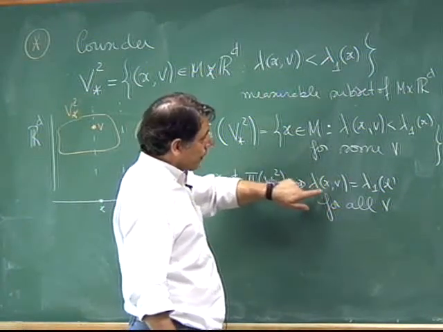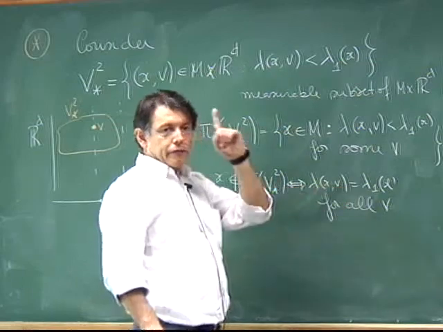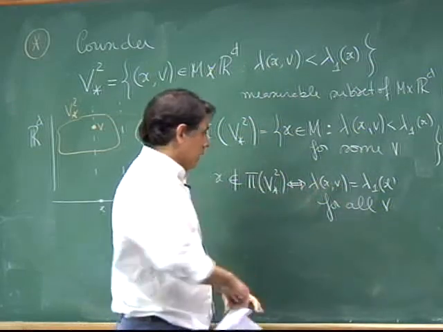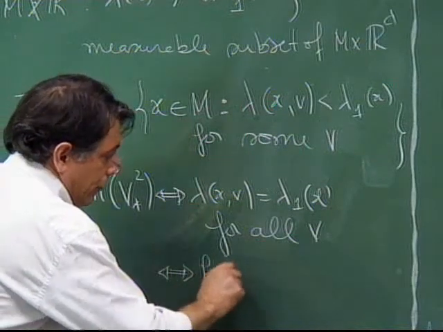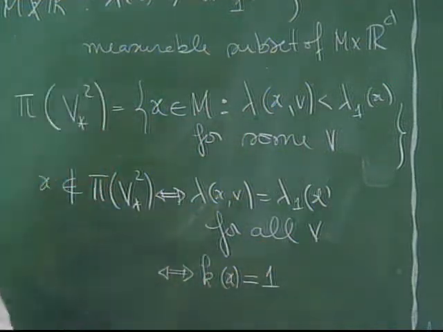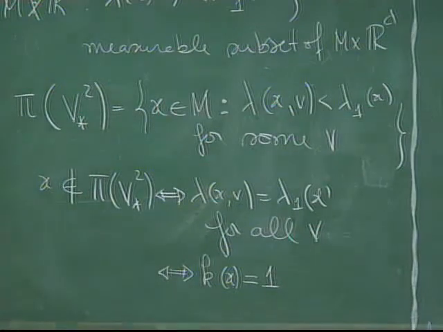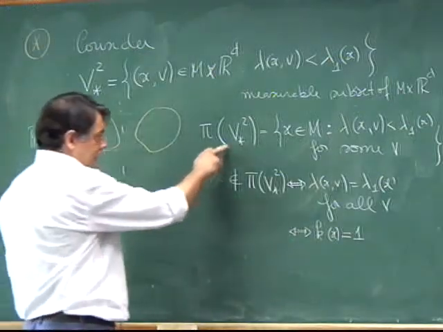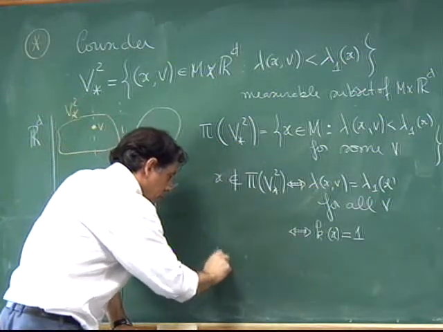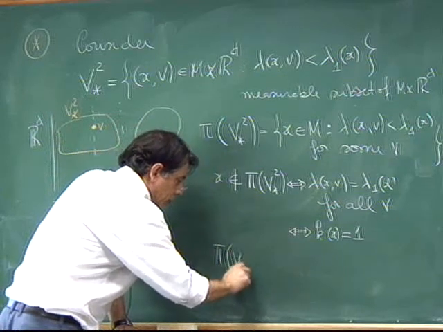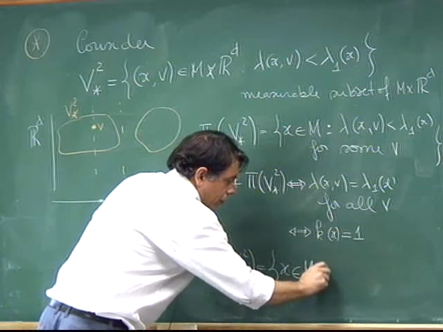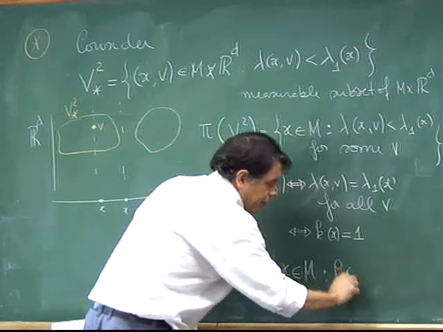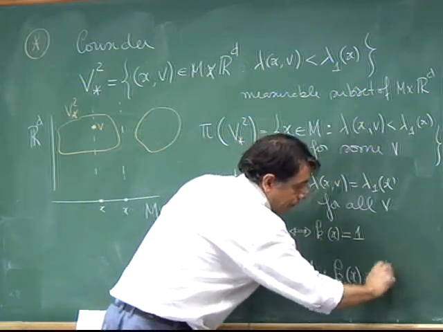So if all vectors give the same value, there's only one value possible. It is the same as saying that k(x) is equal to 1. So the projection of V2 star is precisely the set of points for which k(x) is at least 2.